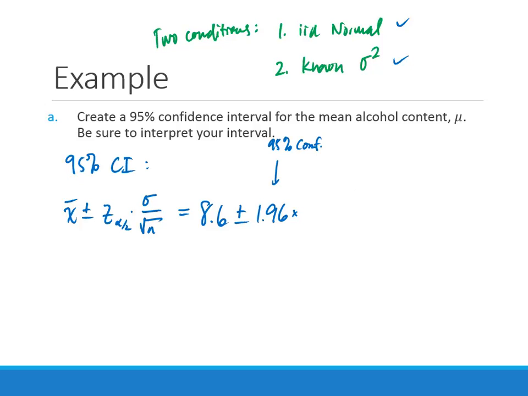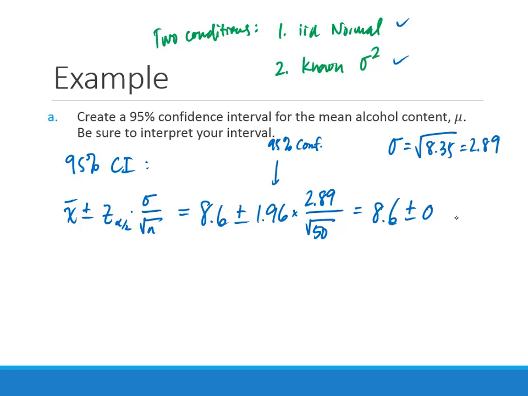Let's say sigma is the square root of 8.35, or 2.89, divided by the square root of my sample size, 50. If you work that out, that gives 8.6 plus or minus 0.801.